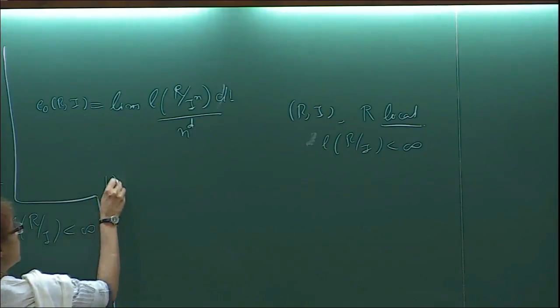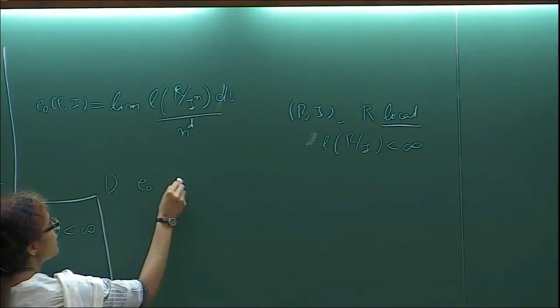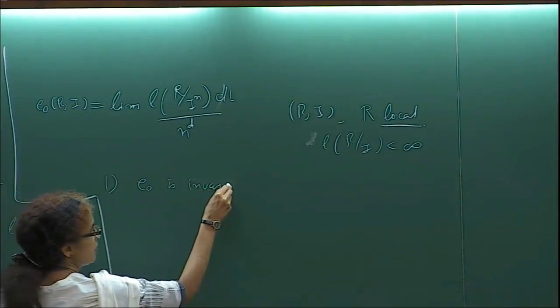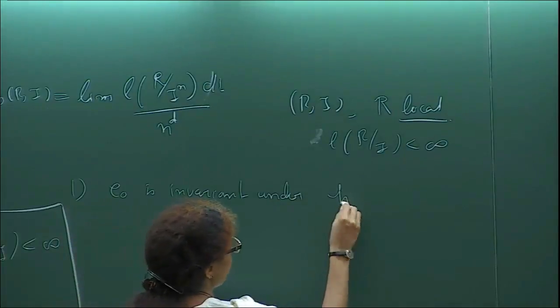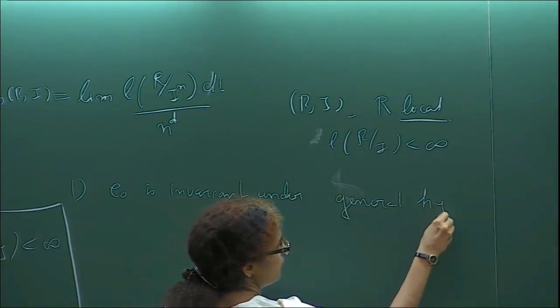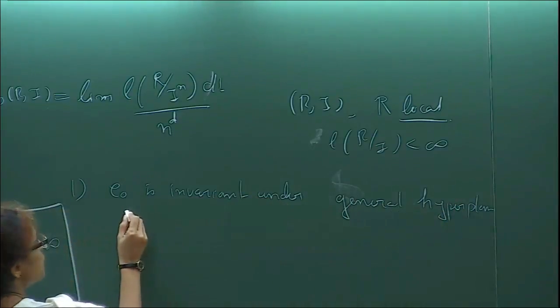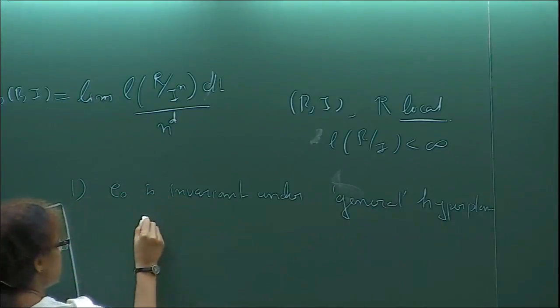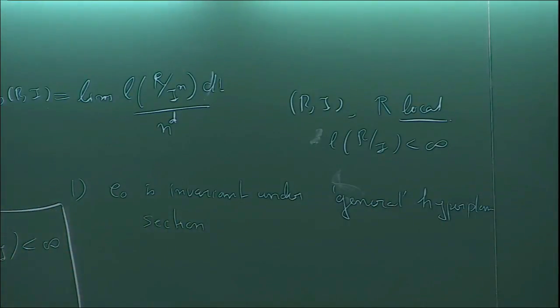Some properties I would recall: first, e_0 is invariant under a general hyperplane section, be that in a projective variety or in a local ring.